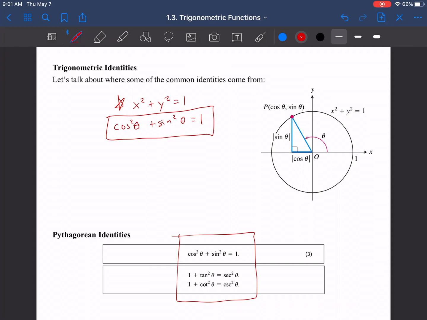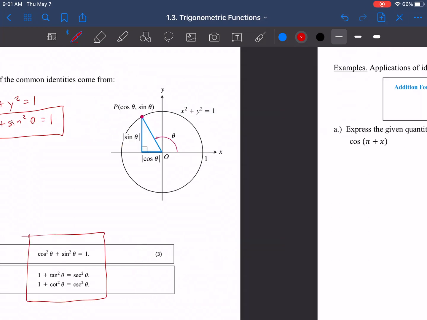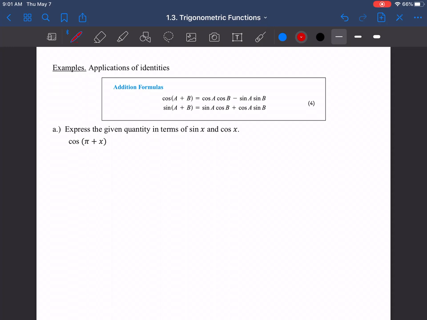All right, so applications of identities. Here what we have are the addition formulas, where if we have something like this, we can actually rewrite it. Here we have cosine of pi plus x. So that goes along with this one right here, a plus b, which means we can call this a, this b, and we can rewrite this with what's written right there.